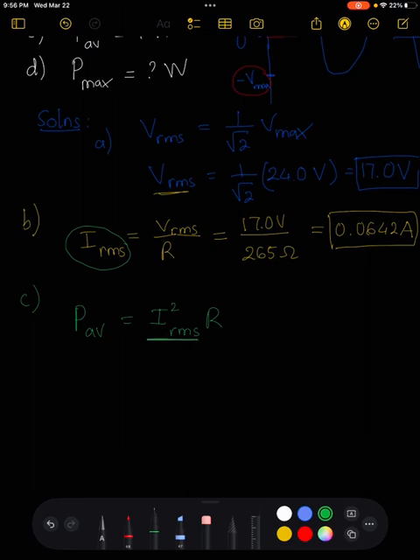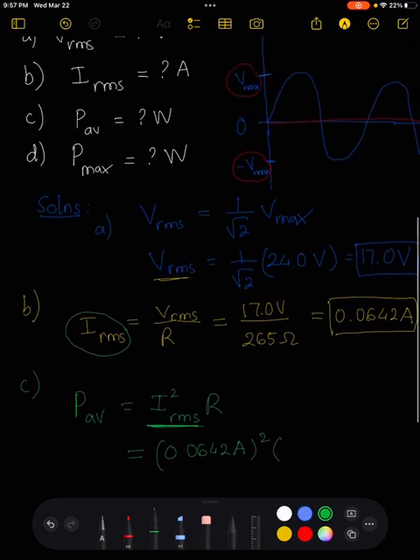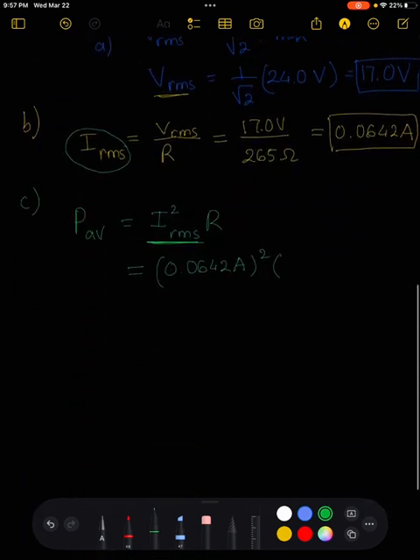Because Irms gives us the mean of the current flowing through the AC circuit. And we know power is I squared times resistance. The root mean square current we just found in part B, 0.0642 amps squared, multiplied by your resistor value, 265 ohms. Now your average power should be 1.09 watts.